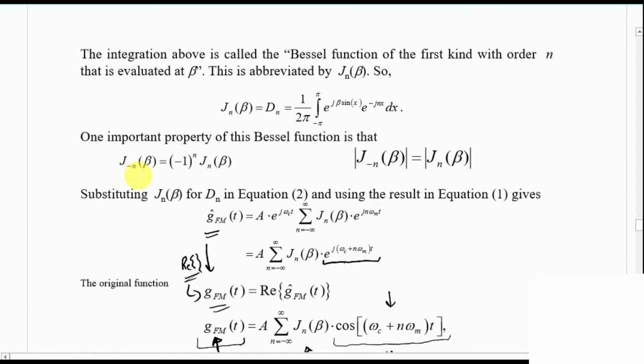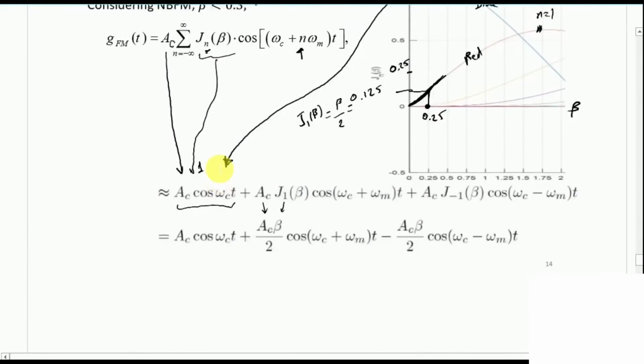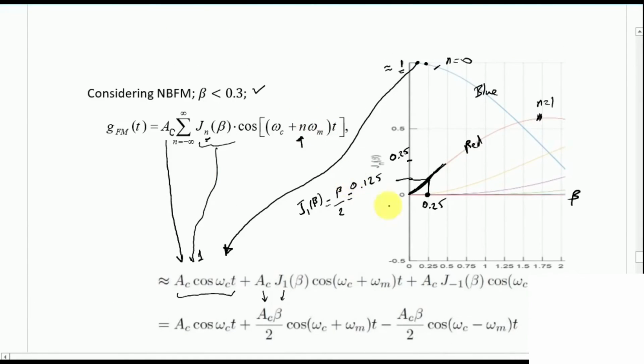So if n is equal to 1, for J minus 1 you would have minus 1 times Jn. So this would mean that J minus 1 of beta is the negative of beta by 2. So you have minus beta by 2, and again since this is minus 1, you would have omega c minus omega m, so cos of omega c minus omega m into t, right?